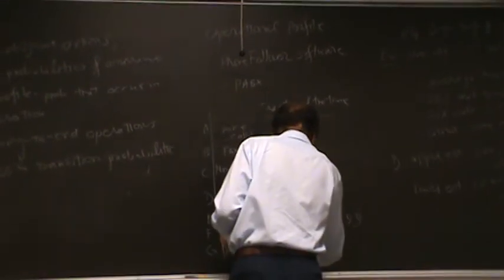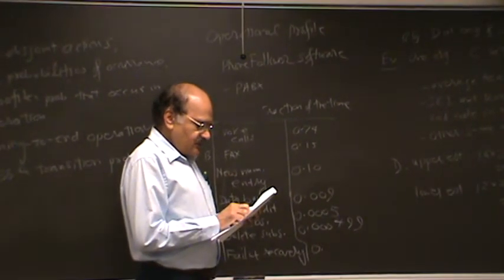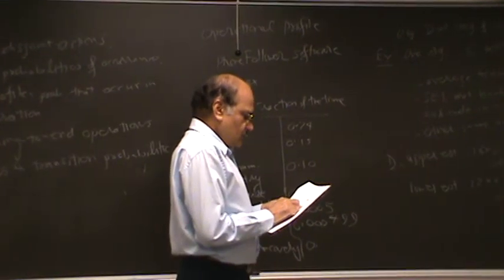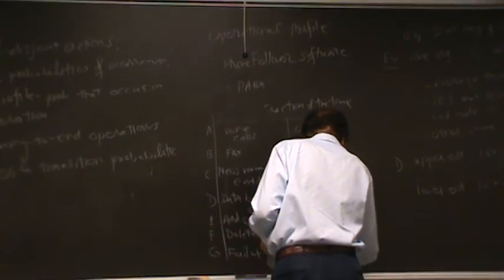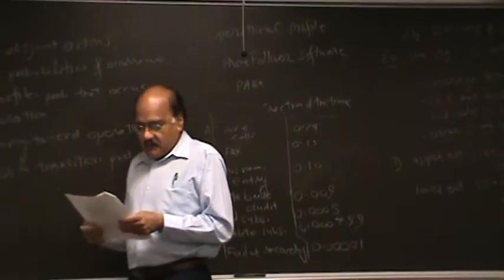It happens 0. Okay, how many zeros? 1, 2, 3, 4, 5, 6. No, wait. 1, 2, 3, 4, 5 zeros. Okay, I hope they all add up to 100%.